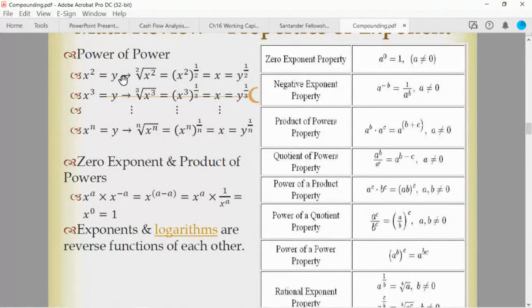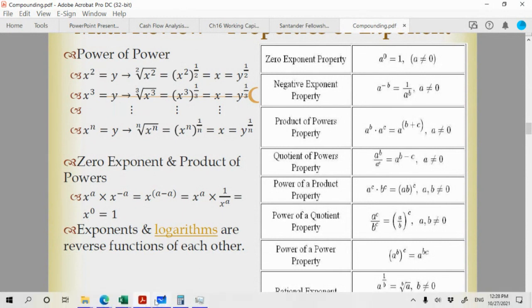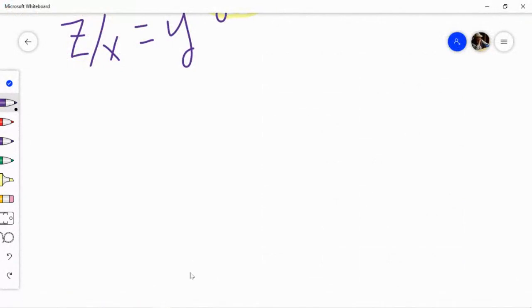If y is x squared, then if you take the square root, it will become x.